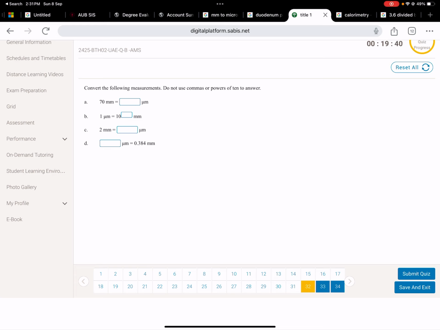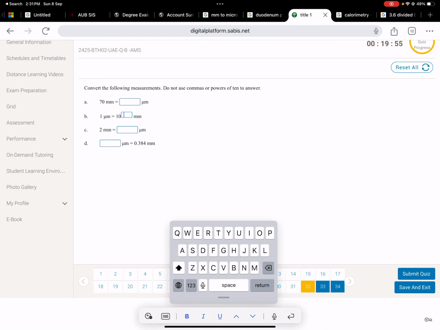So 1 millimeter is equal to 1,000 micrometer. So you can do the cross multiply conversion. Let's start with part B. Since we said that 1 millimeter is equal to 1,000 micrometer, here they're asking us, so 1 micrometer is how many millimeters?